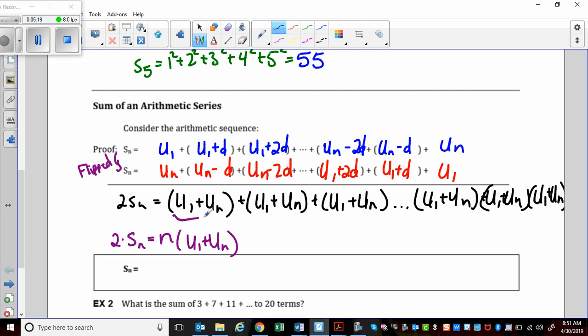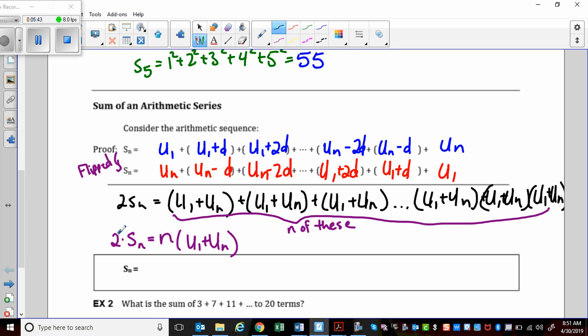And this is n times. So this is how many terms there are, n terms, or n of these. So when we condense that, remember that's how we multiply, we have n times U sub 1 plus U sub n, and that's equal to 2 times S sub n.